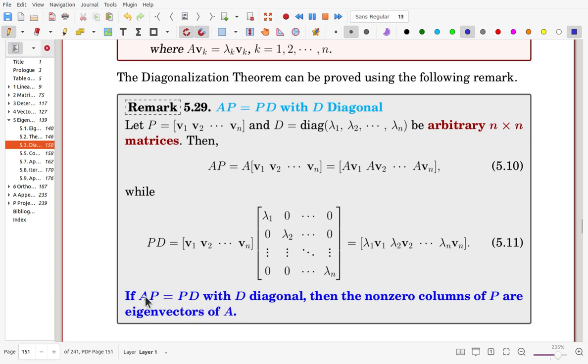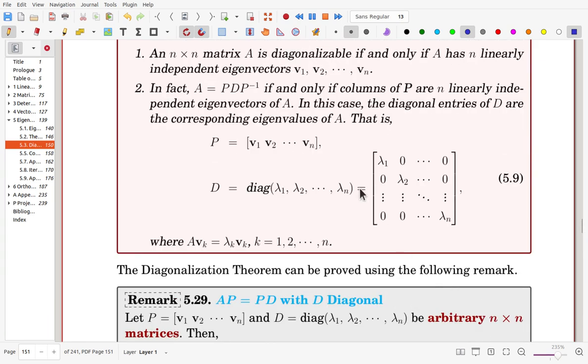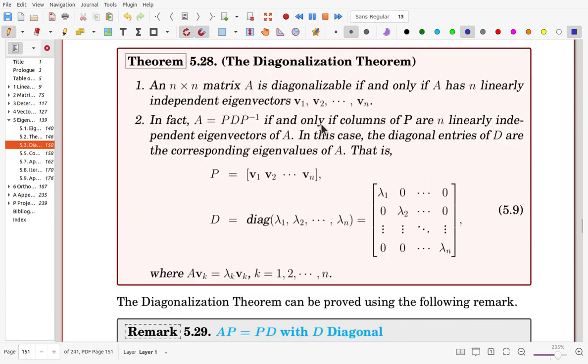So we can conclude that if AP is PD with D diagonal, then the non-zero columns of P are eigenvectors of A, and the corresponding diagonal entry must be an eigenvalue of A, right? Okay. By using this general theory, you can prove this theorem quite easily.